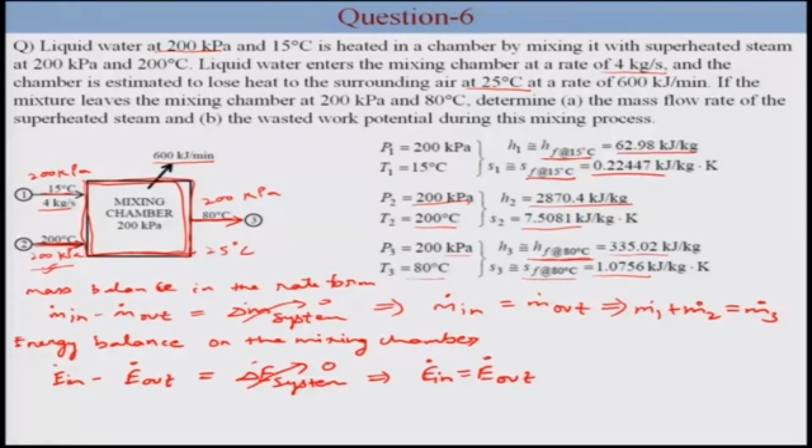E in is equal to E out. So, this gives m1 dot h1, which is the enthalpy of stream 1, plus m2 dot h2, which is the enthalpy of stream 2. These two are entering, so this is equal to E in. And E out is equal to heat which is being wasted or lost to the surrounding, plus enthalpy of the stream which is coming out, that is m3 dot h3.